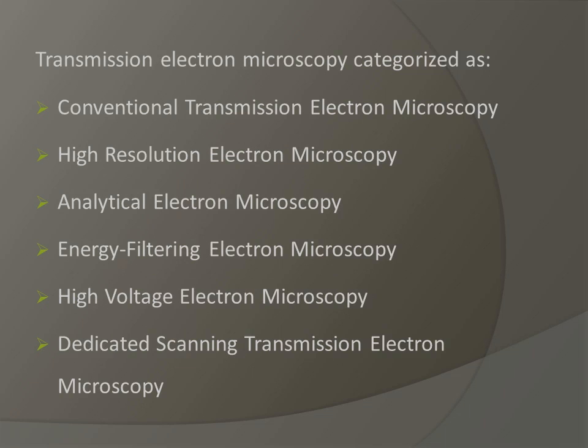The categorization of TEM is conventional transmission electron microscope, high resolution (HR) electron microscope, and analytical electron microscope. In terms of energy, it is classified as energy filtering electron microscope, high voltage electron microscope, and dedicated scanning electron microscope.